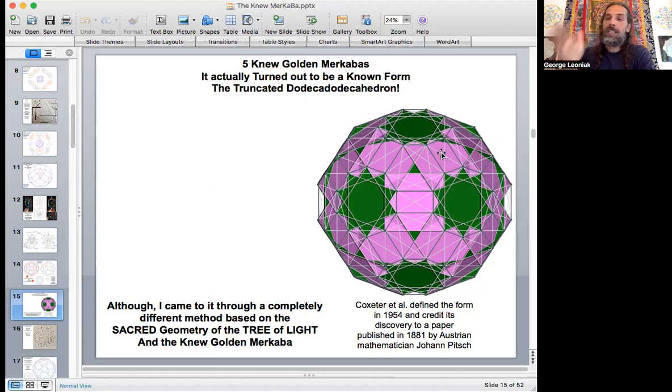It's actually a sign that you're on target, you're on the path, you're following the newness, and it's leading you in a direction. So here's the truncated dodecahedron from 1881 from the mathematician in Austria. It was first defined by Coxeter and his team in 1954, and they credit the Austrian mathematician for that. So that's just incredible.